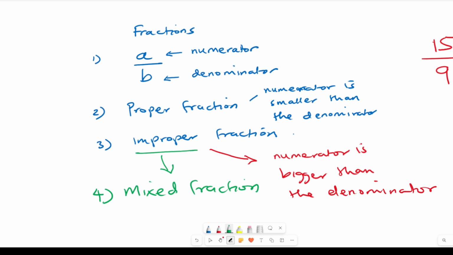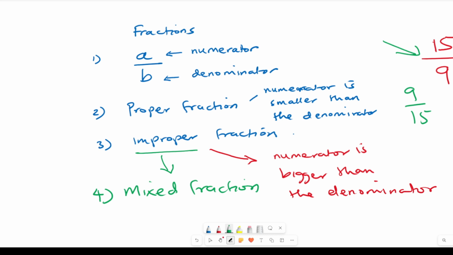So the fact that we have an improper fraction like 15/9, that makes us uncomfortable. We can't just simply flip it upside down and say, I'm changing it to make it proper, so it's 9/15. If you do that, you have changed the value. And in maths, one thing we never do is to change the value of anything.